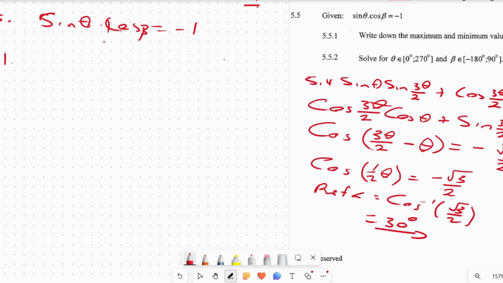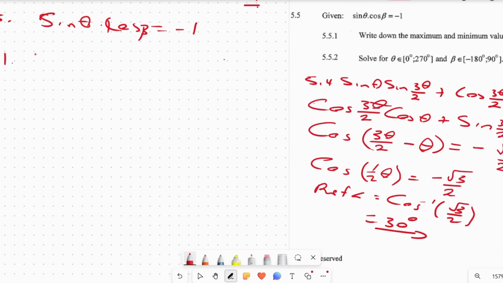5.1. So when is cos beta going to be at its maximum? Obviously, cos beta has a minimum at -1 and a maximum at +1.